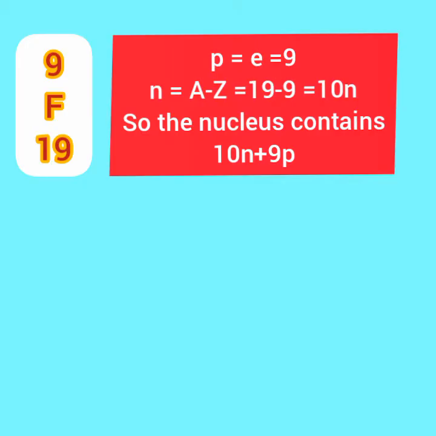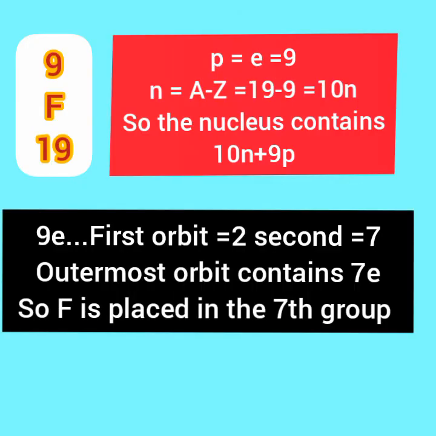Next is fluorine. Atomic number is 9. Atomic mass is 19. Therefore, protons and electrons are equal to 9. The neutrons are equal to 19 minus 9, which is 10. Therefore, the fluorine nucleus contains 10 neutrons, 9 protons, and there will be 9 electrons around the nucleus.